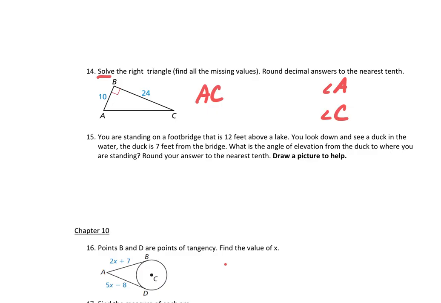Okay, these are my 2 legs, and we're trying to find the hypotenuse. Okay, to find the angles, let's say I wanted to find like angle A first. Really doesn't matter which one you find first. I'm going to use the 2 sides that we know, which are opposite and adjacent from angle A.